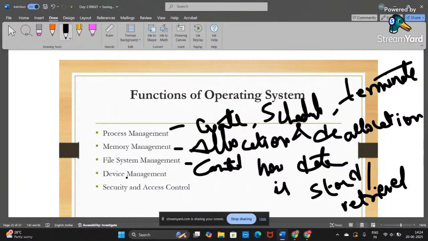Then device management means it manages input and output devices through device drivers. Then security and access control means protection of data and system resources.